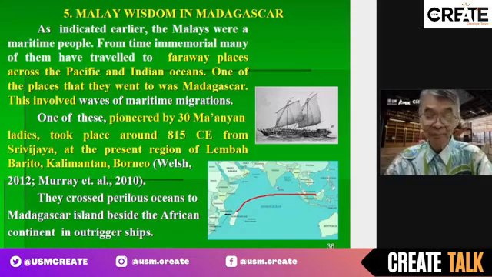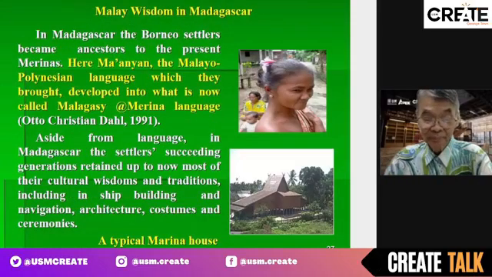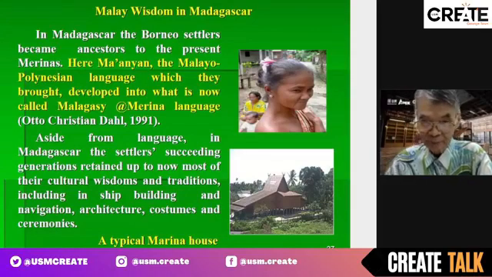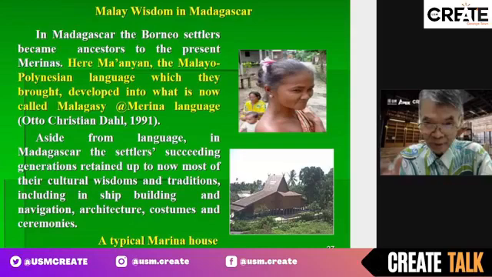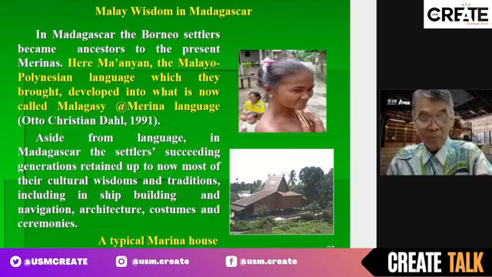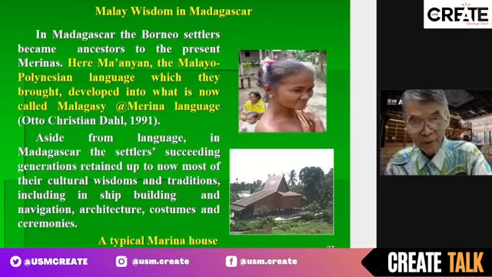In Madagascar, the Borneo settlers became ancestors to the present Merina. The present people of Madagascar are referred to as the Merina, and I have a typical image of a Merina here.